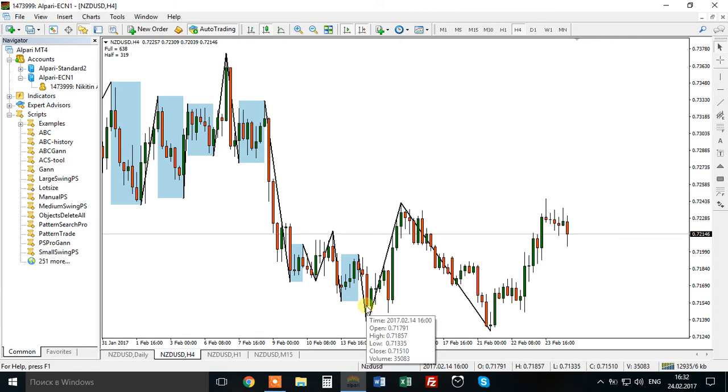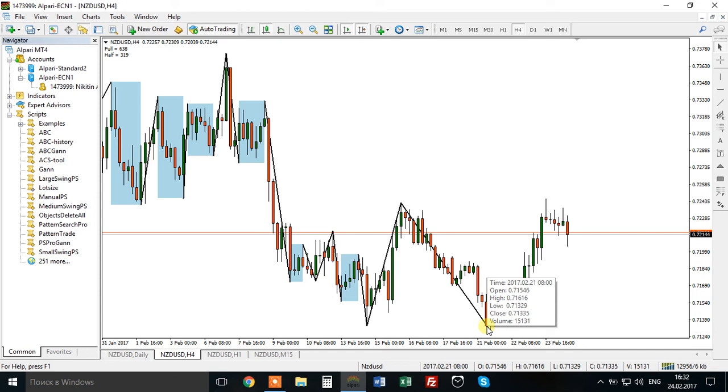Okay, the low says 71.33.5 and the close says, come on, 71.33.5. The close is at the same level. It's not an impulse, it is a retest.